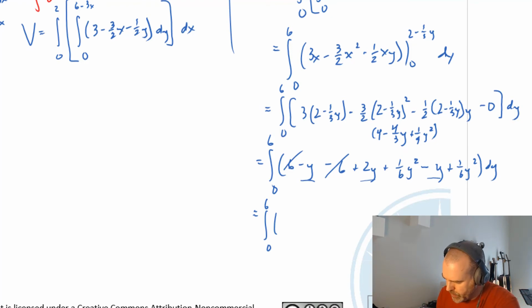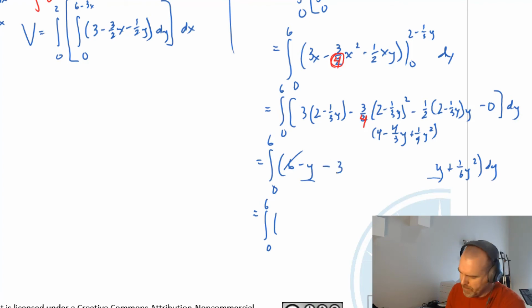See, the issue here is when we integrated, let's see here. We integrated 3/2 x squared, but we forgot to divide by 2, so that should be 3/4. This is 3/4. So now, 3/4 times 4 should be -3.